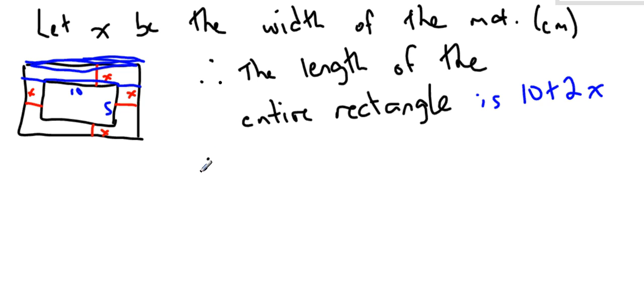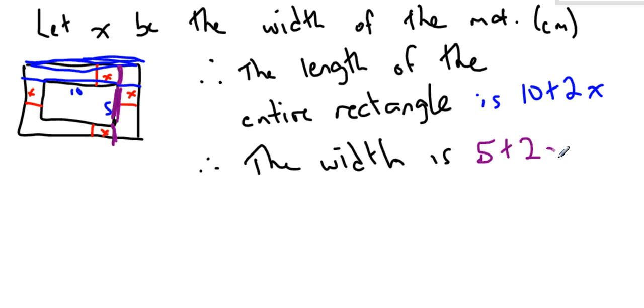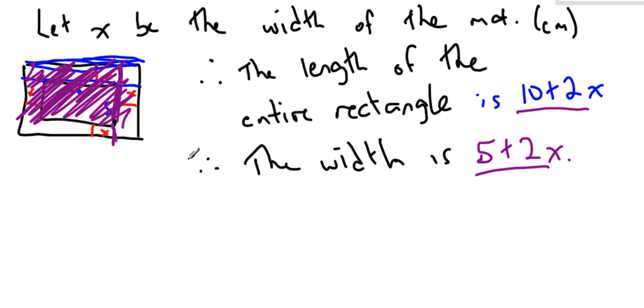And we can similarly say that the width is, again, we started with 5 centimeters for the picture, then we added x distance for the mat, plus another x distance for the mat. So the width is 5 plus 2x. So the whole rectangle has a length of 10 plus 2x and a width of 5 plus 2x.